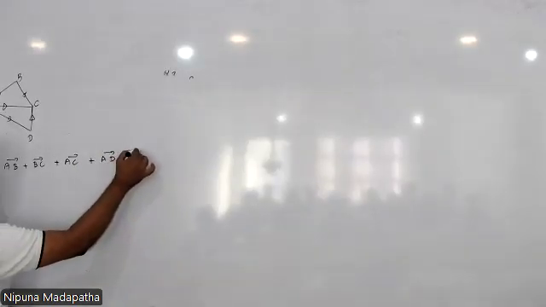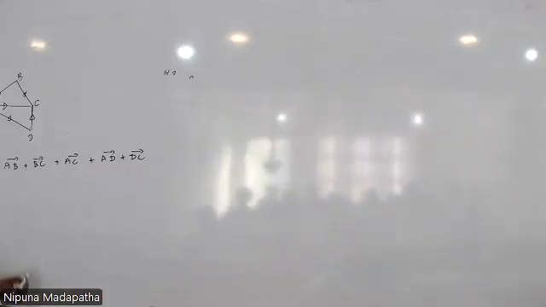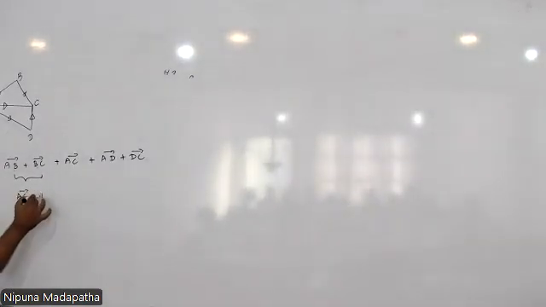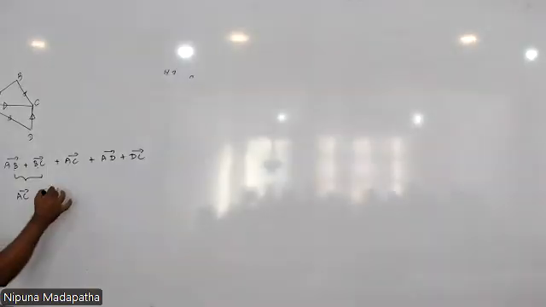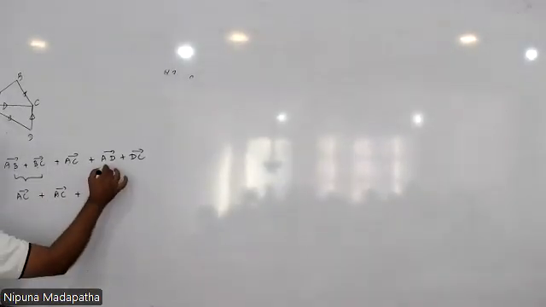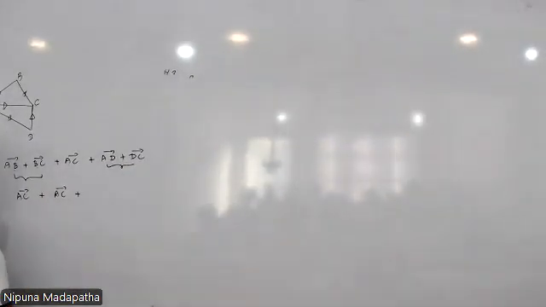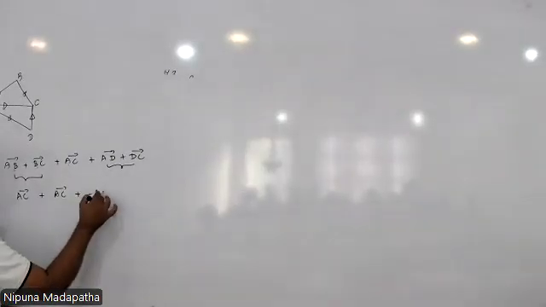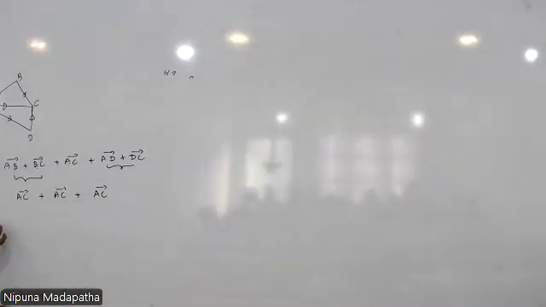By the triangle theorem, AB plus BC, the resultant is AC. We have another AC here. We use the triangle theorem for these 2. AD plus DC also gives AC. So the answer is 3AC.